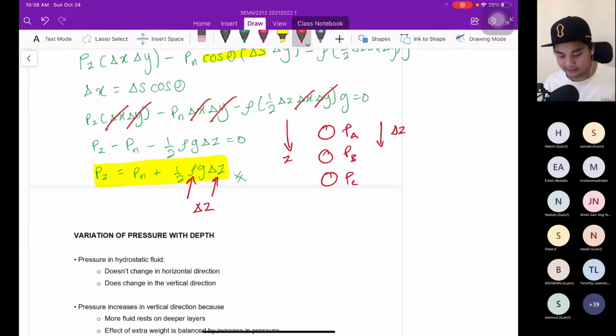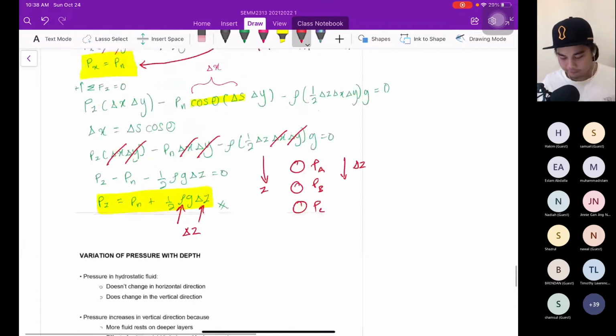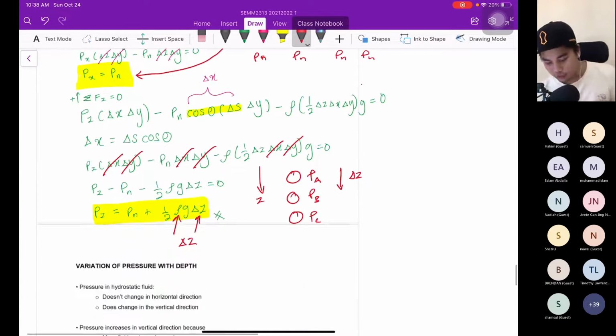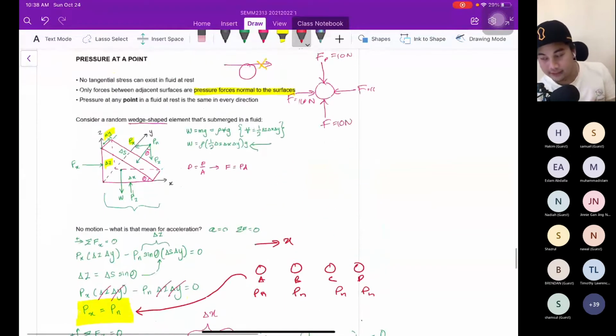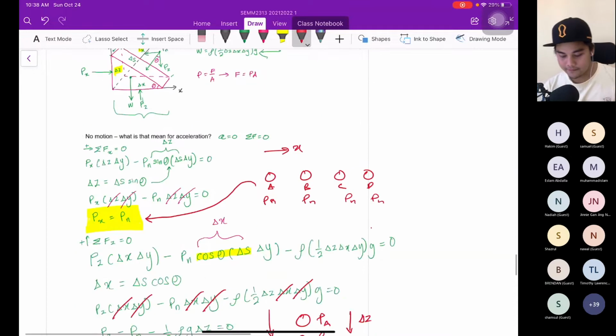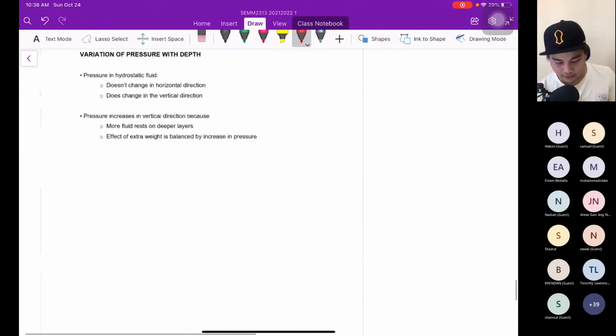So far you clear about this, everyone? Later on I will share the recording and this slide. You will look at and understand. I hope you understand the basic of the static pressure and the variation of pressure at depth.